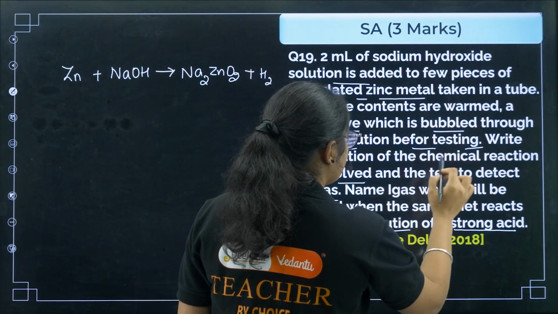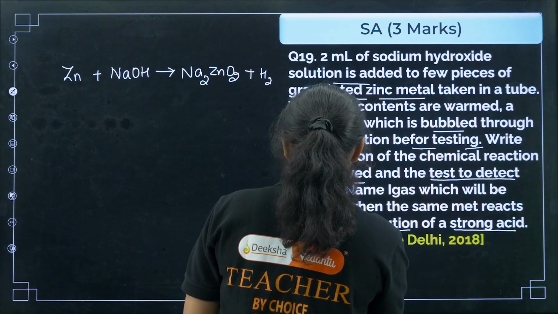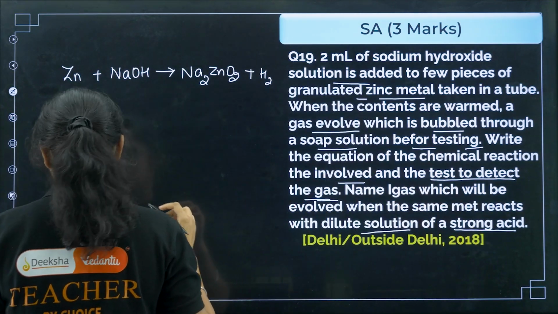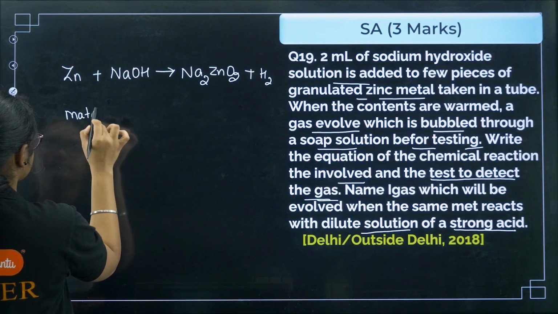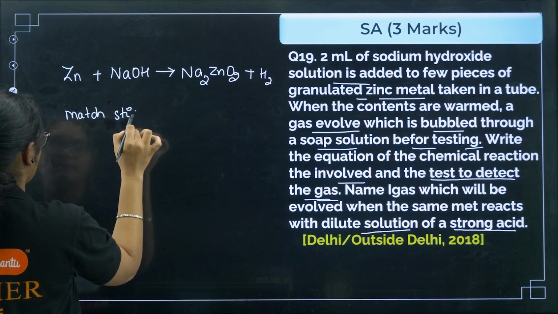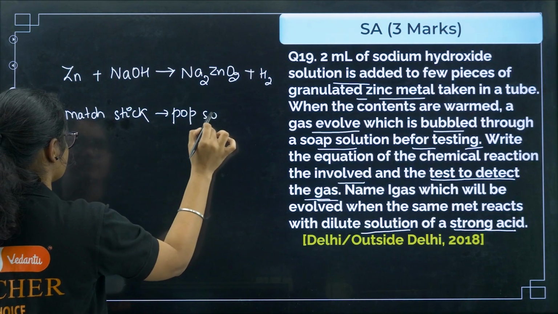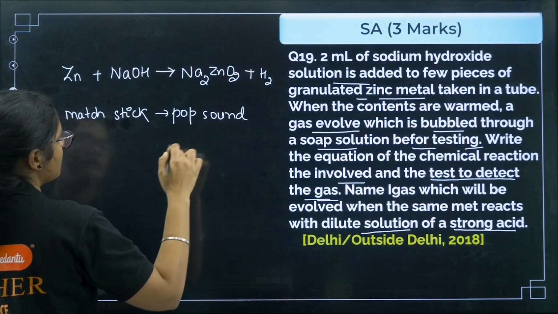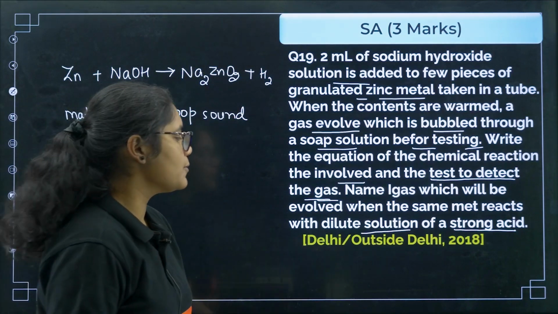Next, the test to detect the gas. The gas is hydrogen, so what is the test here? Pop matchstick. When a matchstick is burnt near this hydrogen gas, it burns with a pop sound.